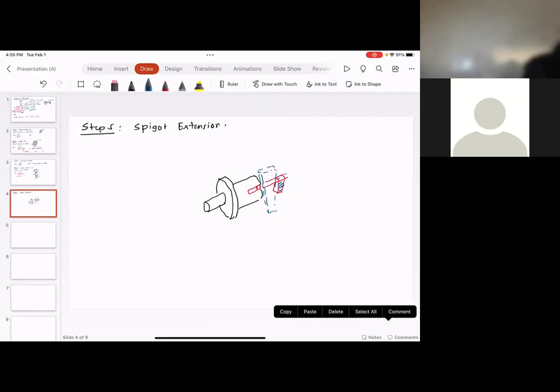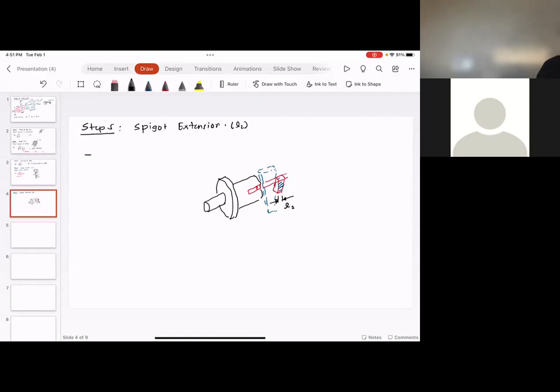And this teeny tiny piece of the spigot, I'm going to call this spigot extension L2. You can see that there are two areas, one on either side.